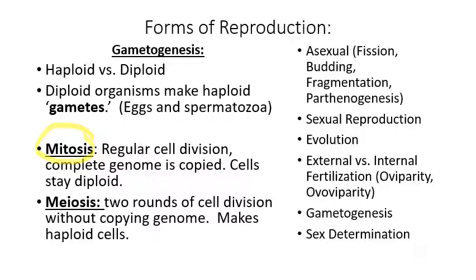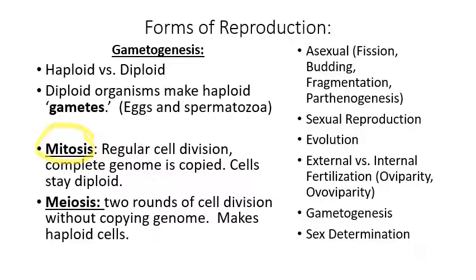Just before it's getting ready to divide, it copies each of those chromosomes so that it has 4. It's a temporary tetraploid. And then the cell divides in half, and each of the 2 daughter cells has 2 copies of each chromosome. Right? So when that happens, that's called mitosis.